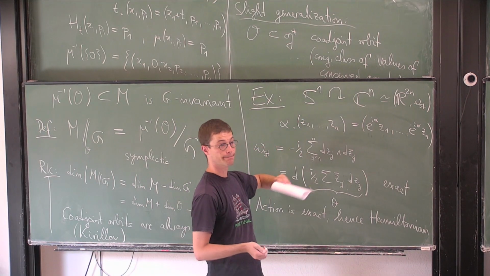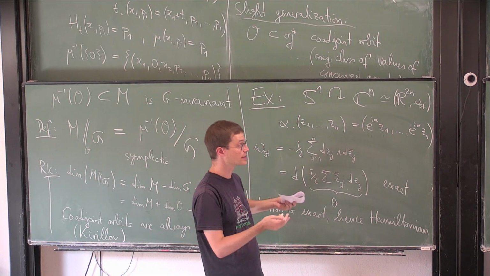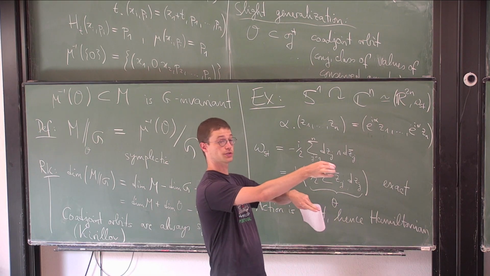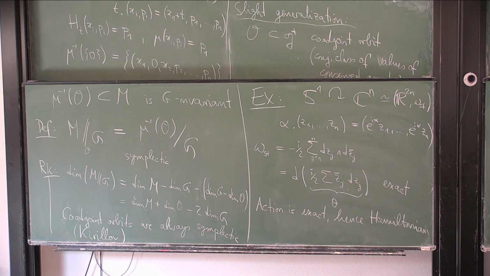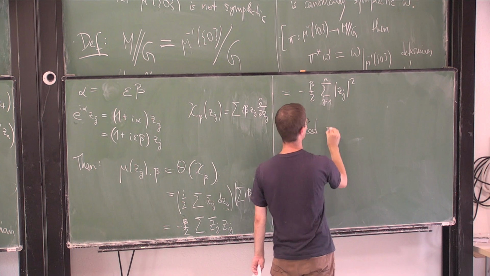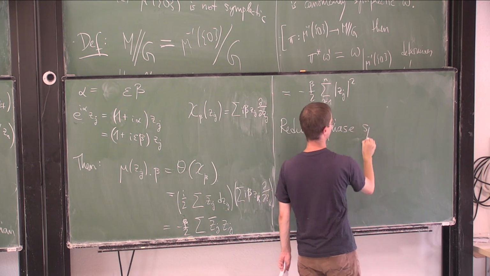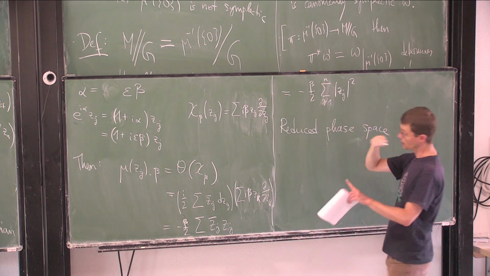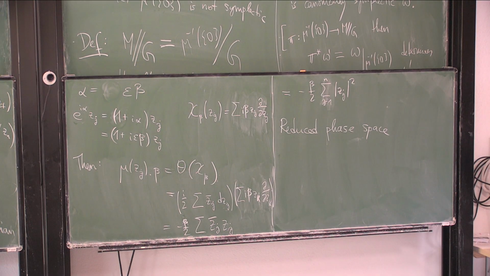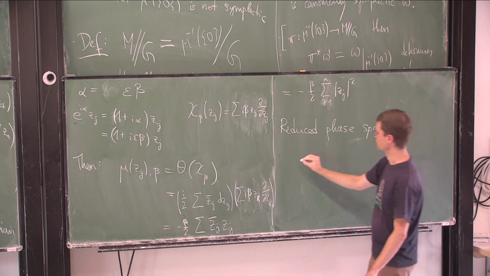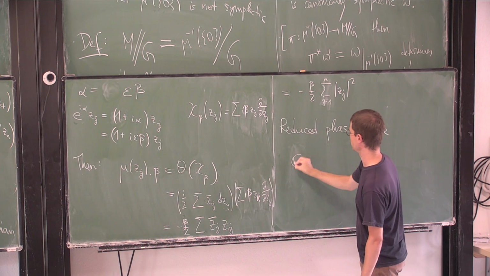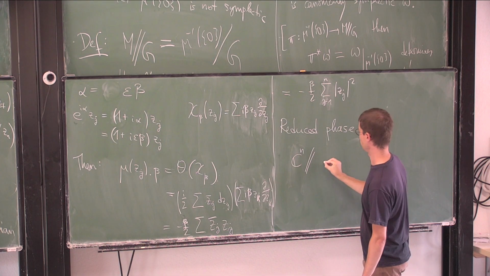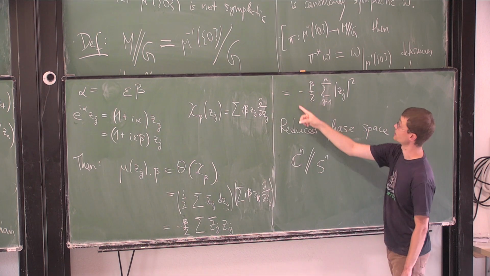Okay, so the moment map, up to some factor, gives you the size of this vector in C^n. And so now we know that this is a conserved quantity. So it means that whatever Hamiltonian you take, you will always move on a sphere. And so now the reduced phase space is some sphere, but you still have this residual action of your circle. So let's take, for example, M is C^n, and let's say, for example, take the unit sphere.